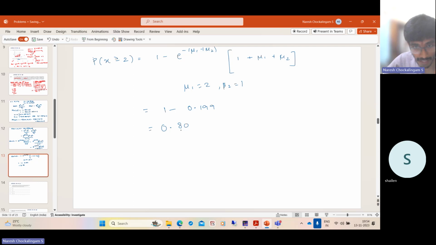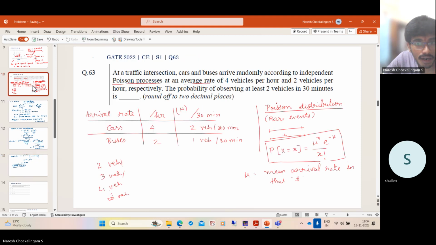Rounded to 2 decimal places, you get 0.80. So the probability of observing at least 2 vehicles in 30 minutes is 0.80.